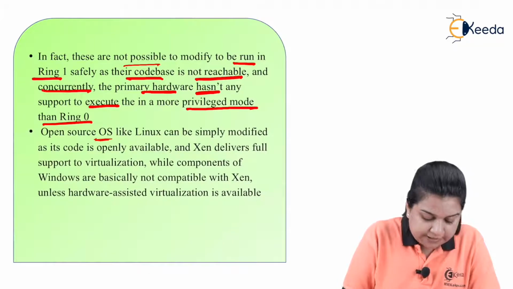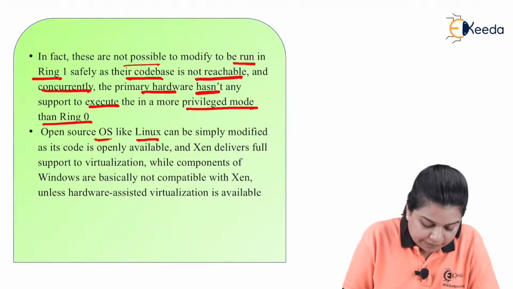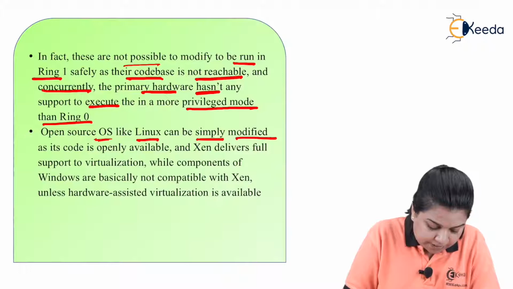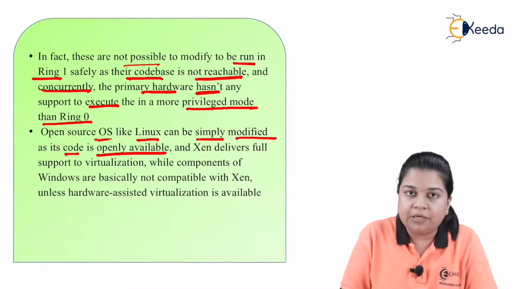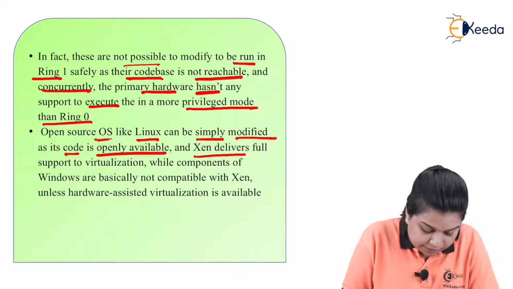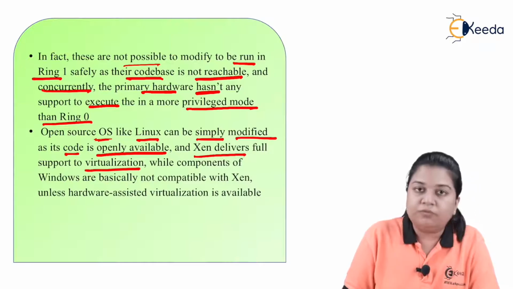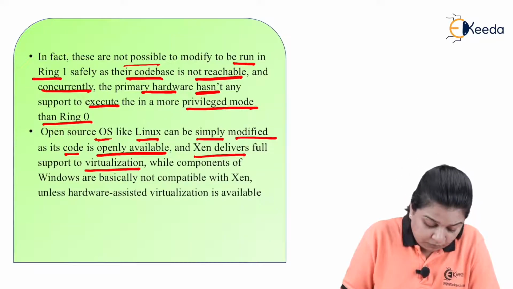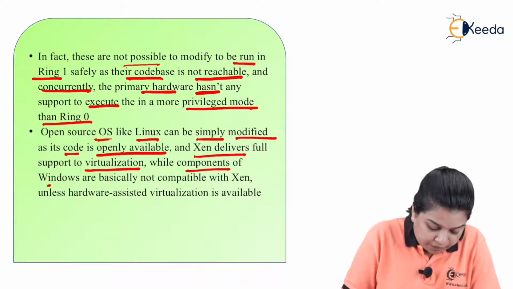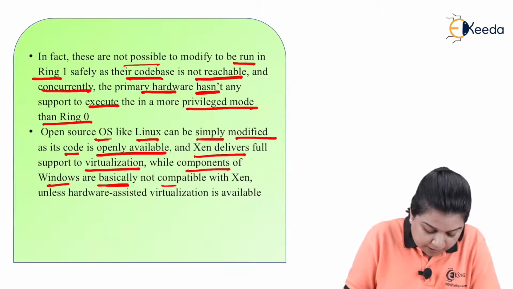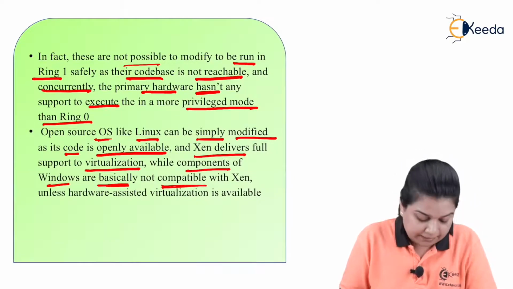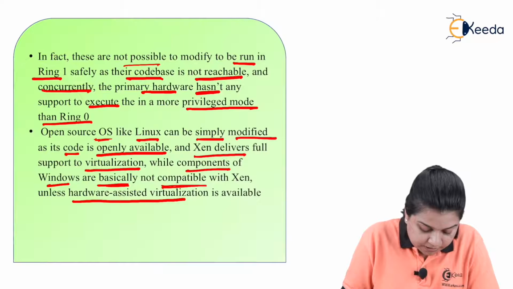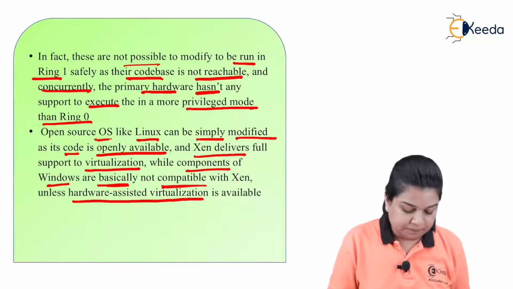Open source operating systems like Linux can be simply modified as their code is openly available, and Xen delivers full support to virtualization, while components of Windows are basically not compatible with Xen unless hardware-assisted virtualization is available.